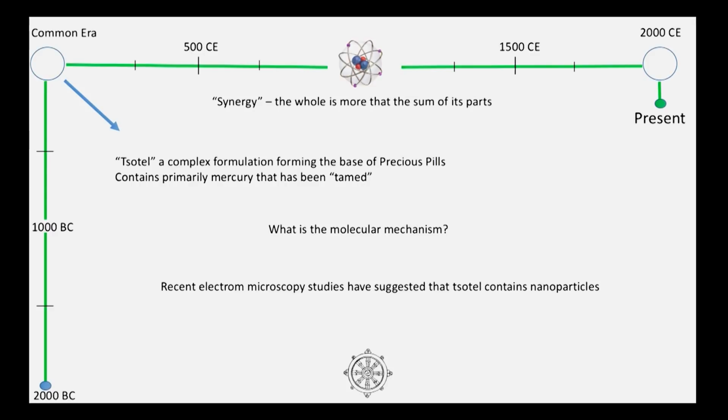There are also recent electron microscopy studies that suggest that the tsotal contains nanoparticles. And so our question is, could there actually be a molecular form associated with this Tibetan medicine that gives it its molecular property in terms of its lack of toxicity, as well as its characteristic, because this compound is being described not as directly effective, but as one being catalytic.